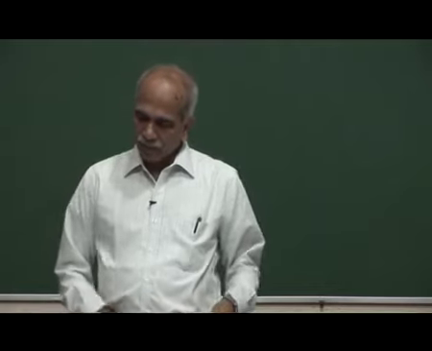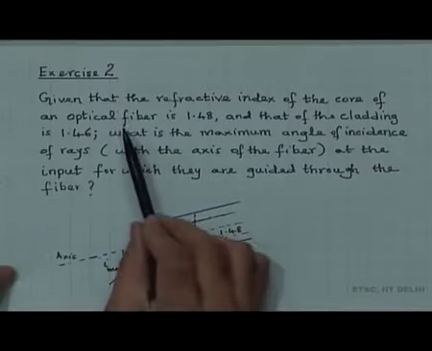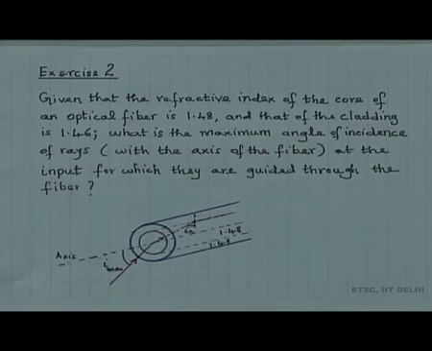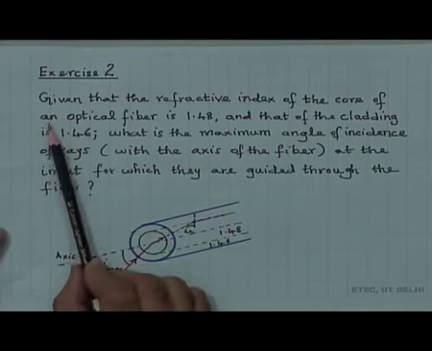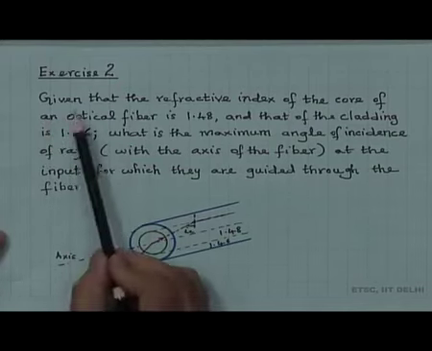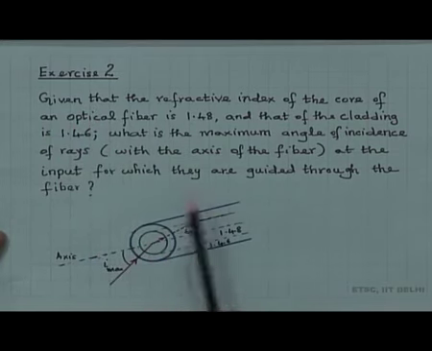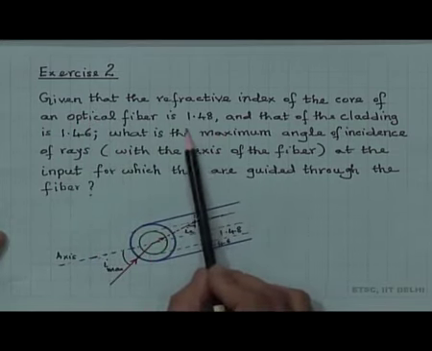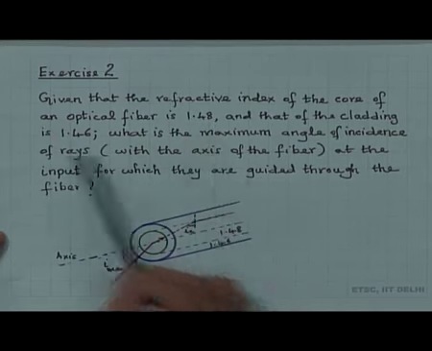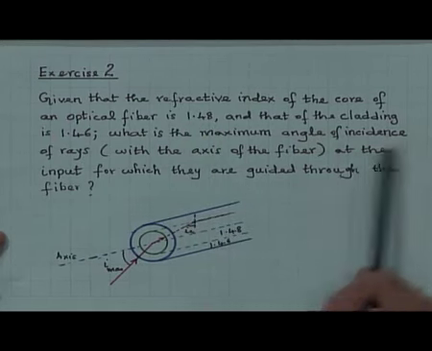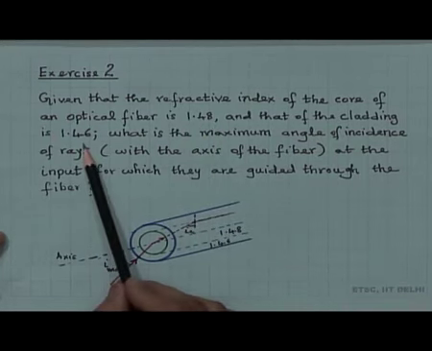So, here given that the refractive index of the core of an optical fiber is 1.48, I just used this number earlier, and that of the cladding is 1.46.